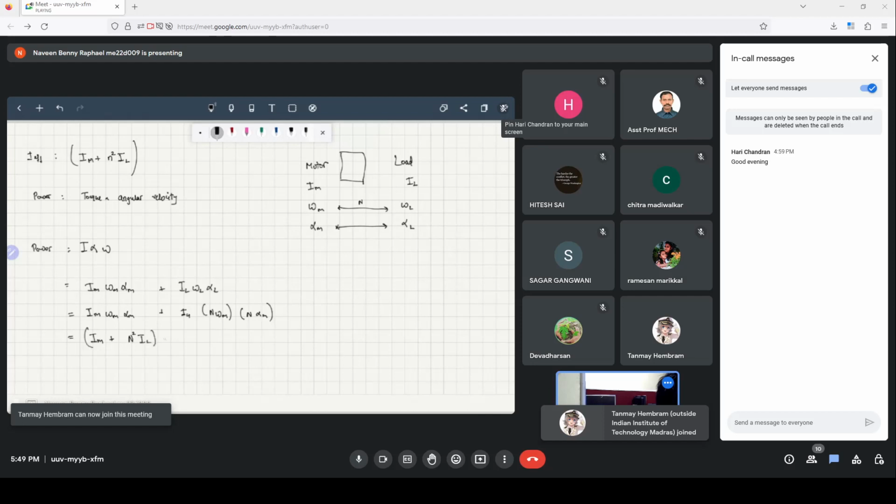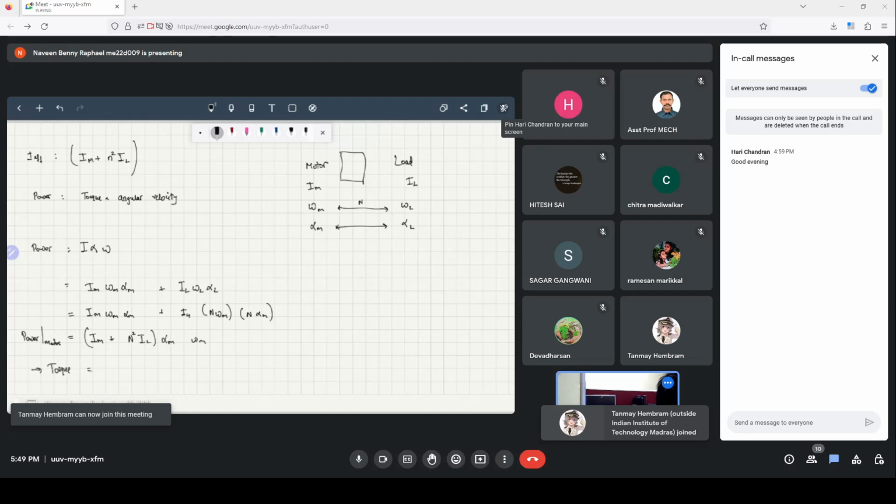So we get IL into alpha m omega m, and we know power is usually from the point of view of the motor. This power is the power required at the motor, and the motor is right now going at omega m. That means the effective torque requirement will be this divided by the rotational velocity of the motor itself.